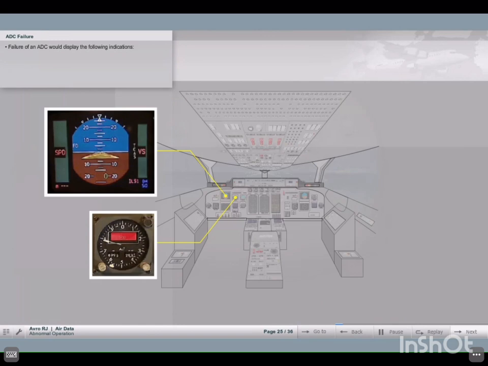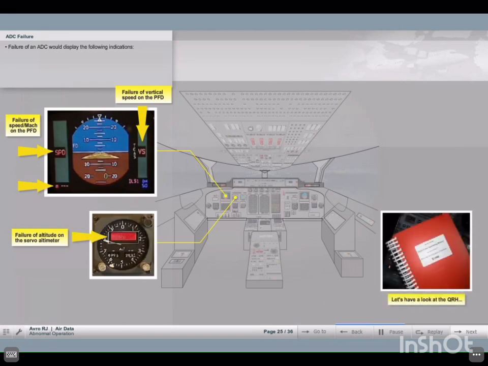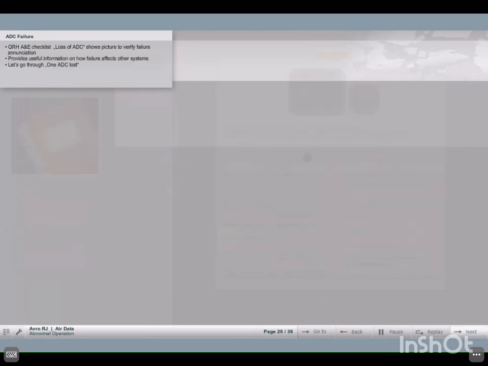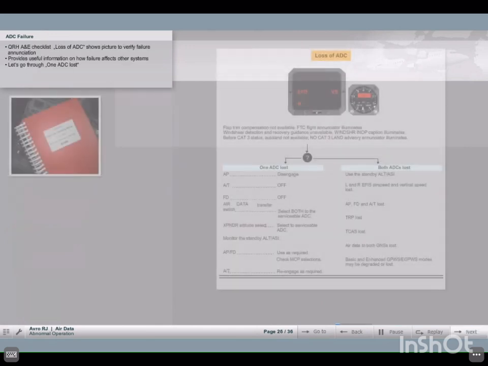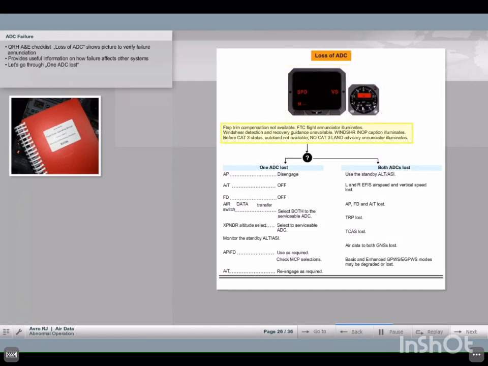Should an air data computer fail, the following indications are displayed. You would now refer to the Quick Reference Handbook, QRH. The QRH A&E checklist provides us with useful information on how the failure affects other systems.